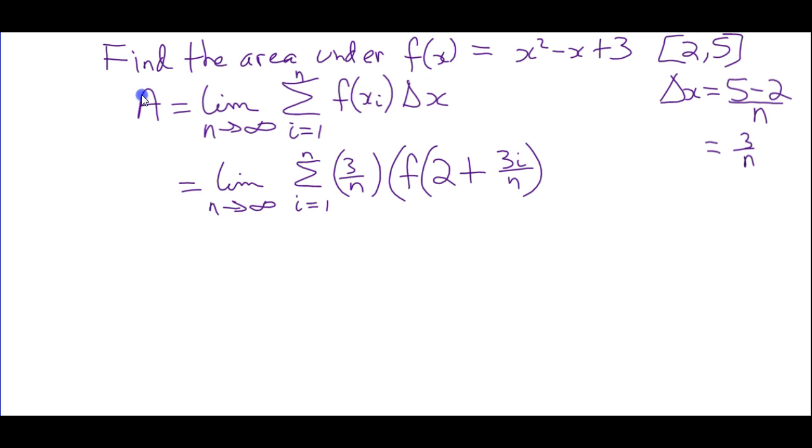That's how many widths. So when i is 1, we're going to go 2 plus 1 delta x. We'll move over to the right endpoint of the first rectangle. That's what that's going to do for us. Better close that bracket. All right, so all we're going to do is do this.